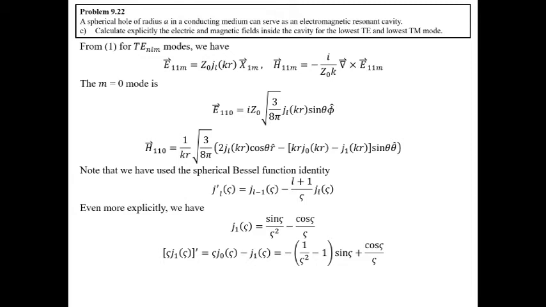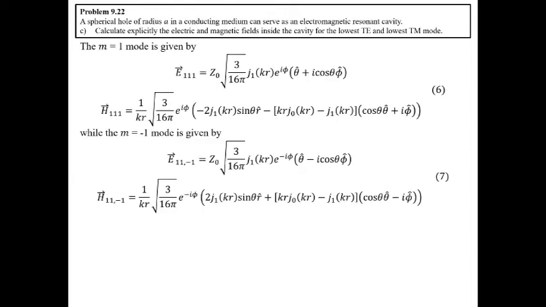Even more explicitly, we have the relation below. Then the m equals 1 mode is given by equation 6, while the m equals minus 1 mode is given by equation 7.